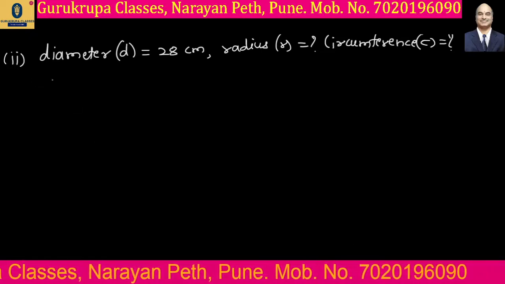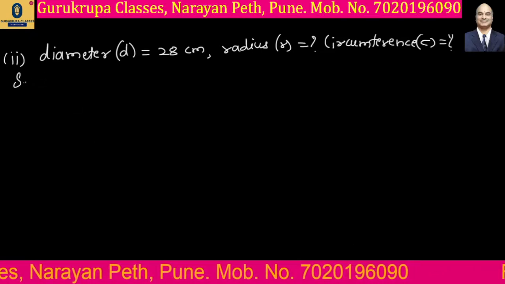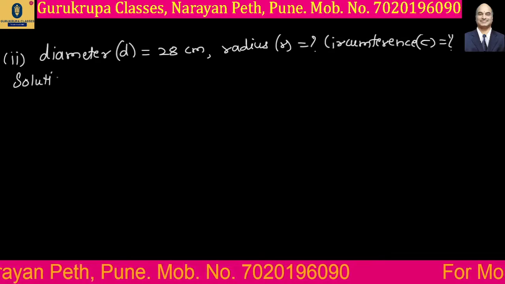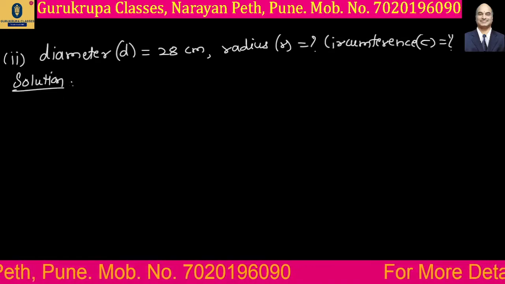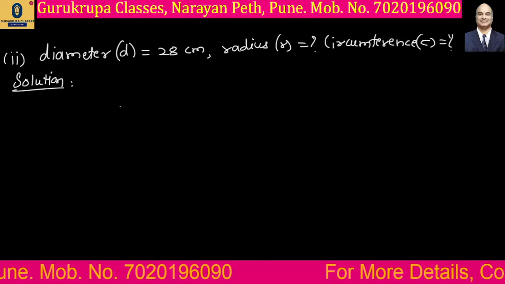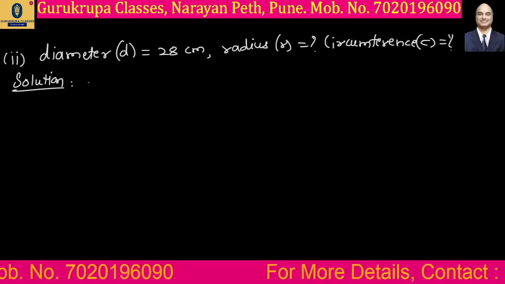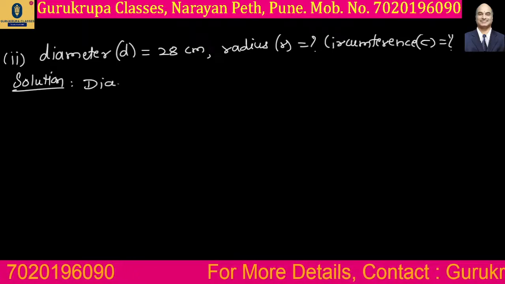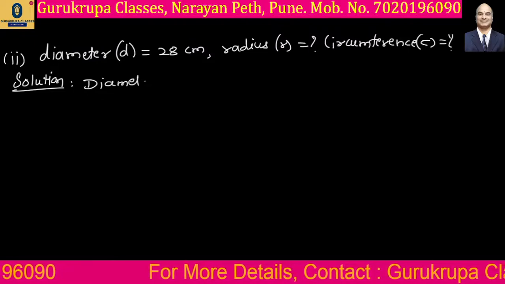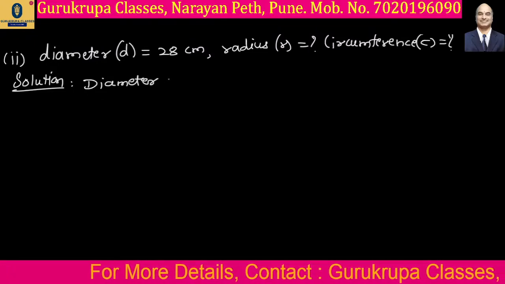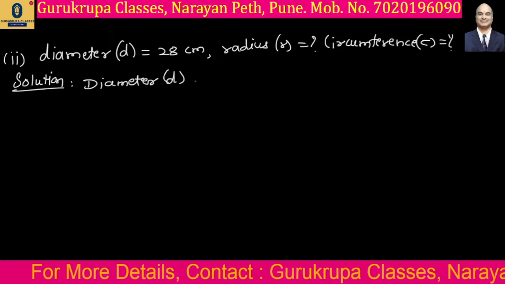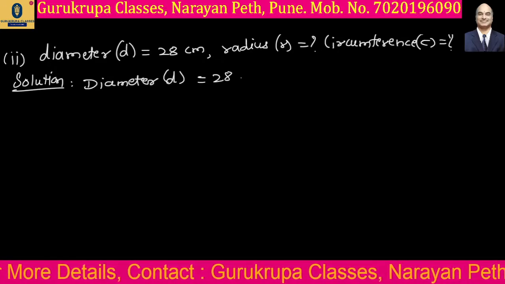So, in solution, diameter is given, radius is to find. First we have to find the radius. The given information, diameter D is equal to 28 centimeter.